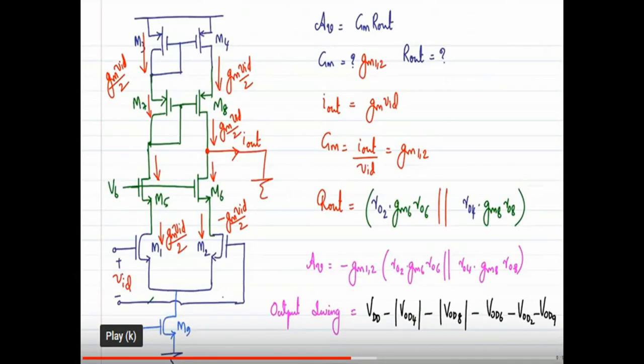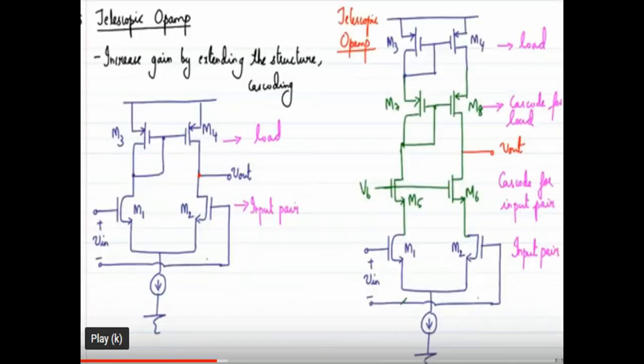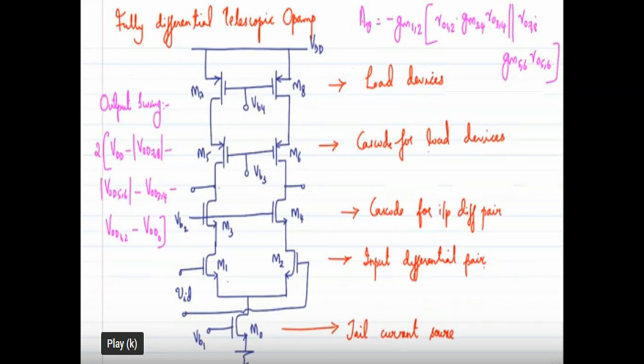In the case of the single-ended telescopic op-amp, in order to find the output impedance, we consider only one side, because there is only one output, Vout1. But in the case of the fully differential telescopic op-amp, in order to calculate the output impedance, we want to consider both sides, that is, the Vout1 side and also the Vout2 side.